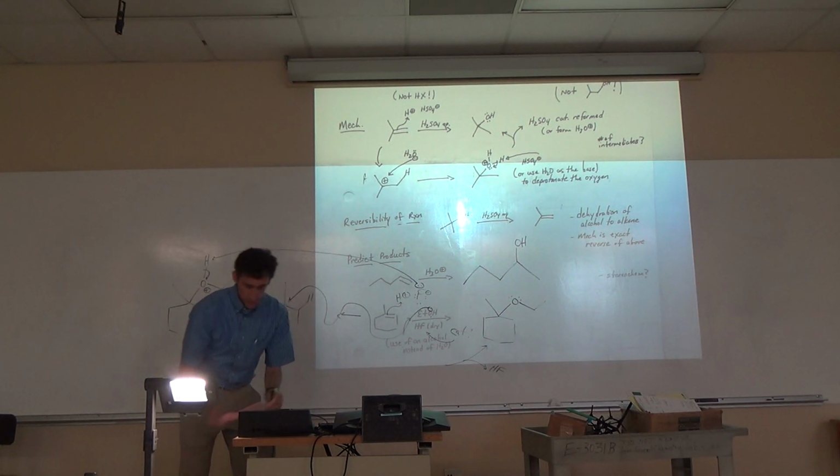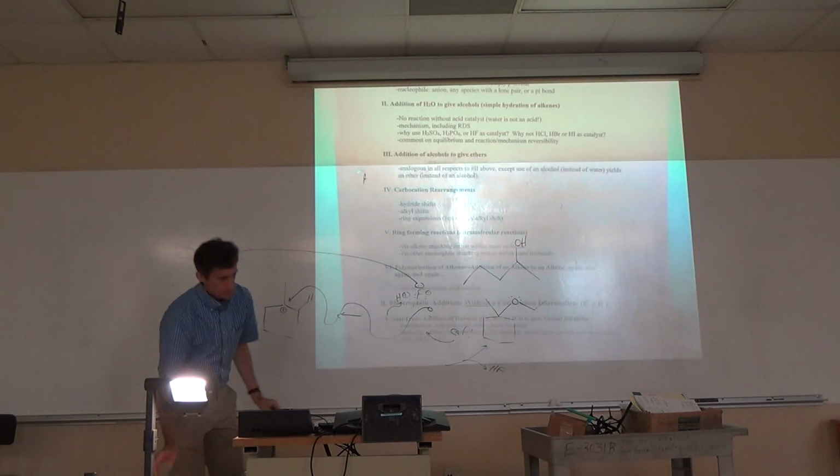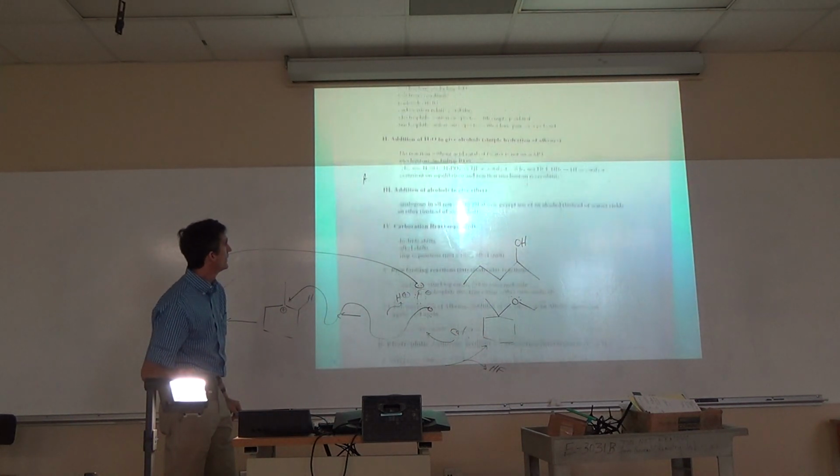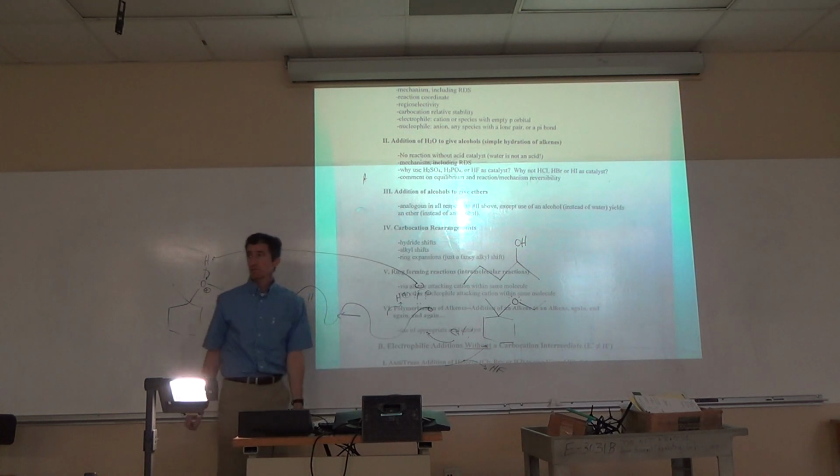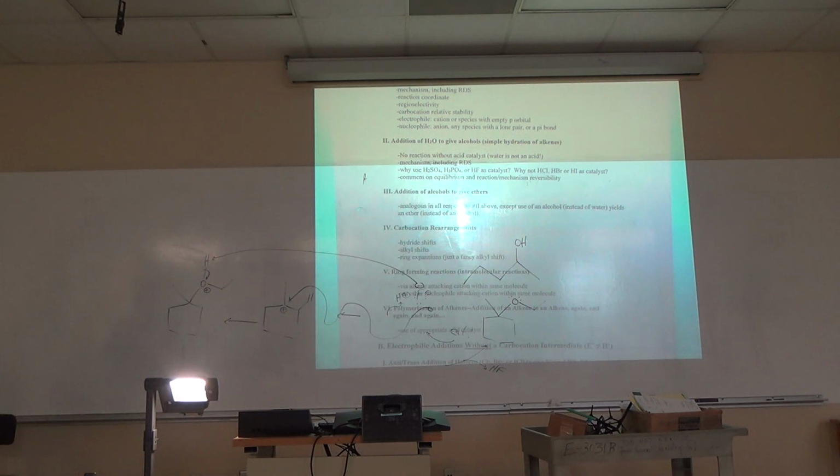Well, that was Roman numeral 3. Addition of alcohols to give ethers. That's analogous in all respects to number 2. Right? What was the difference? We just had an ethyl on the oxygen. But because of that, the final product is an ether. Please don't memorize that alkenes react with alcohols to give ethers.